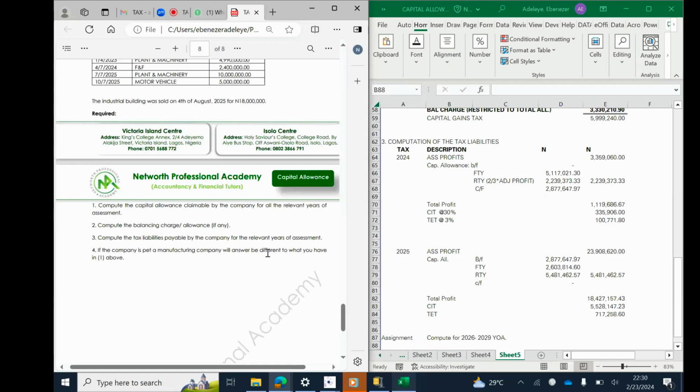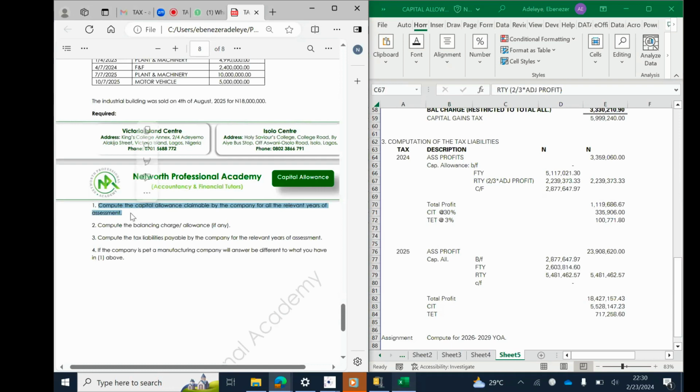It will be different, because if it's a manufacturing company, it means that we would not be restricting it like this. We would have been allowing everything. I think that is one above. Yes, I think this is what it means. If this is what it means, the answer will still be the same.